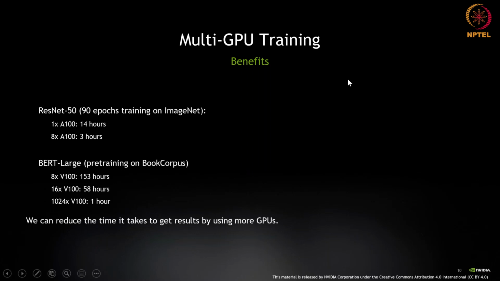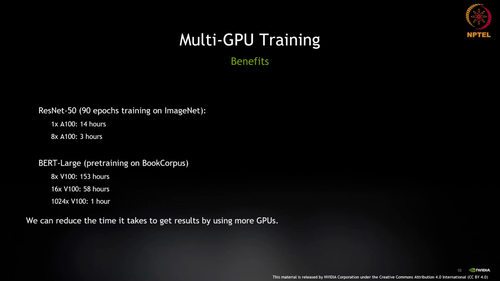So to give you a snapshot of what kind of results you can get, I'm not even comparing it with CPU. I'm comparing going from one GPU to multiple GPUs. On a CPU, it will be many folds slower.